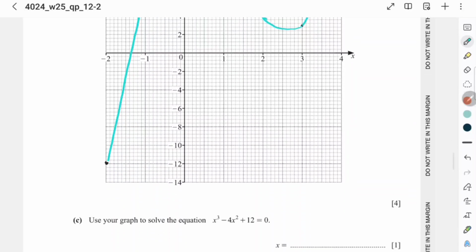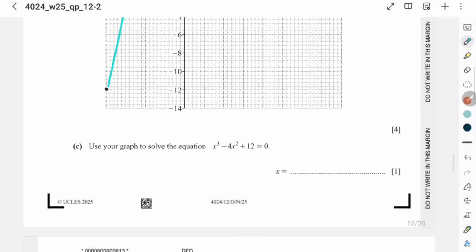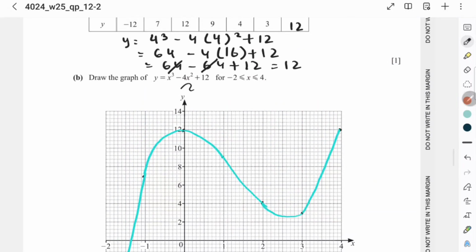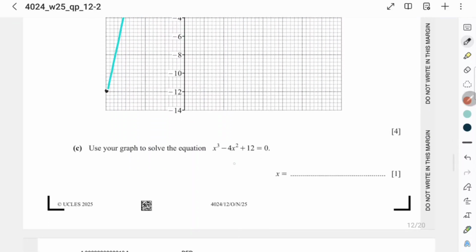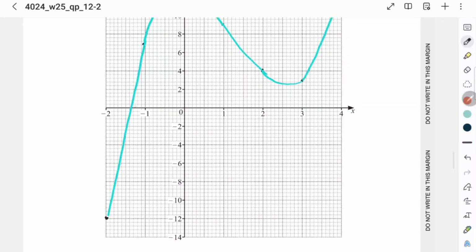Alright, now use the graph to solve x cube minus 4x square plus 12 equals 0. And we know that x cube minus 4x square plus 12 equals 0, so that is the same thing as y equals 0. On y equals 0, we have this point only, which is the answer.